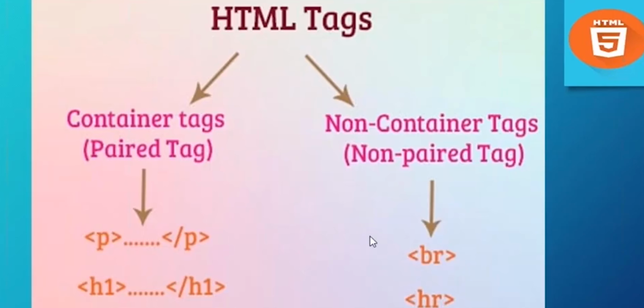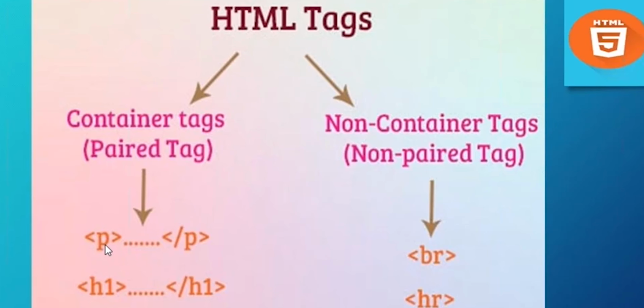Okay, HTML contains several tags. These tags are divided into two major sections. One is paired tags, the second is non-paired tags. A paired tag has an opening tag along with a closing tag.